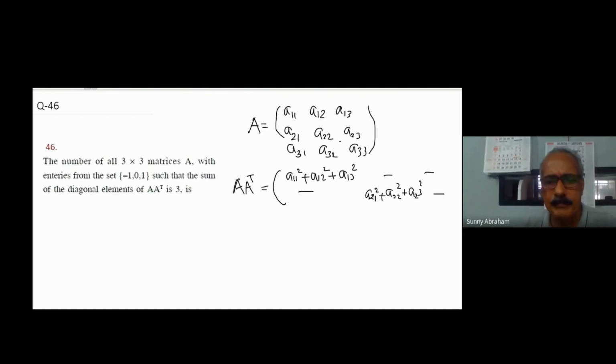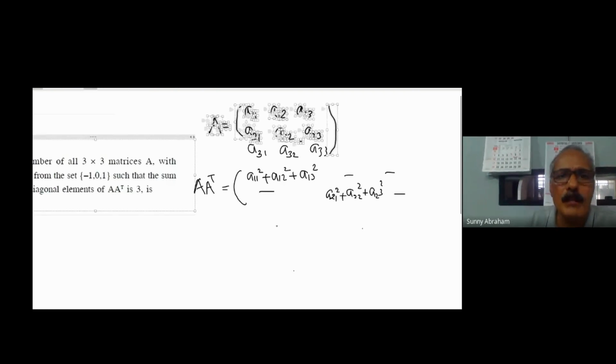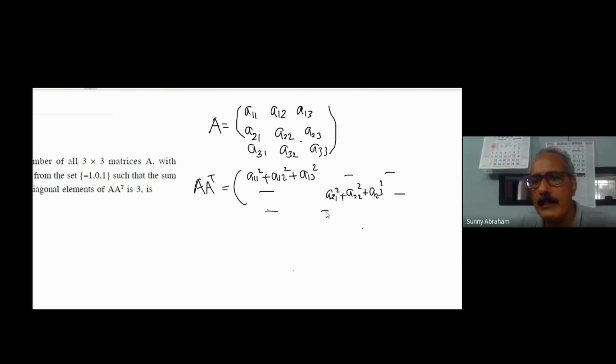Then we go on to the third row. Third row, third column will be A31 square plus A32 square plus A33 square.